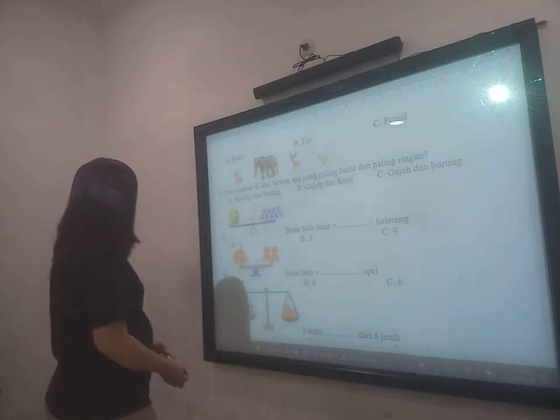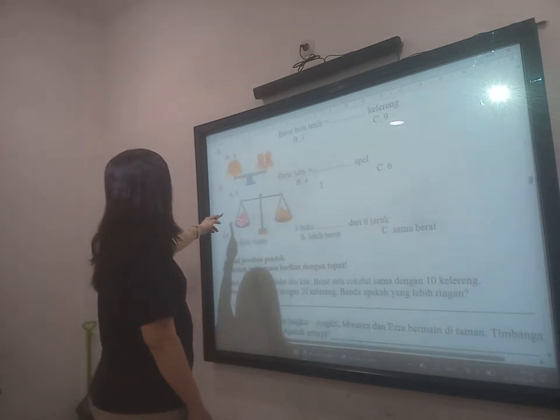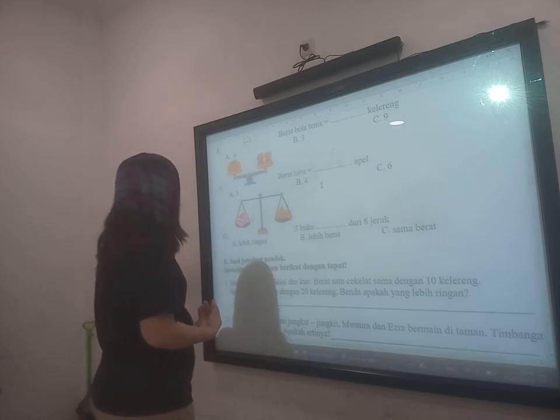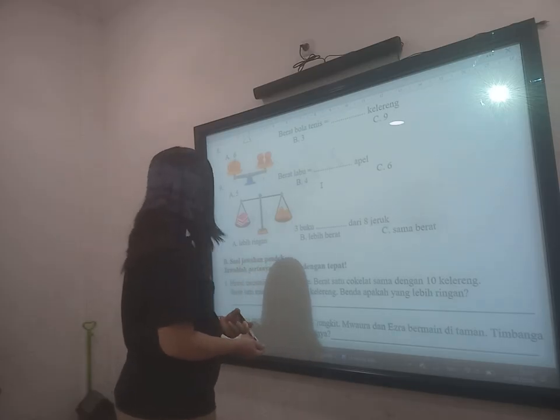Berat labu sama dengan 4 apel. Buku sama berat dengan 8 jeruk.